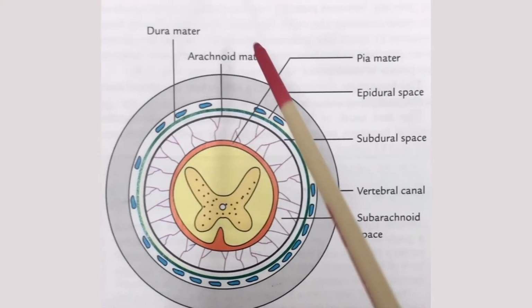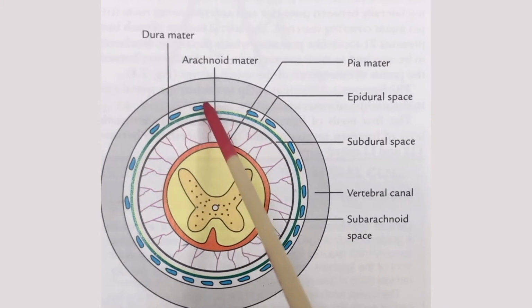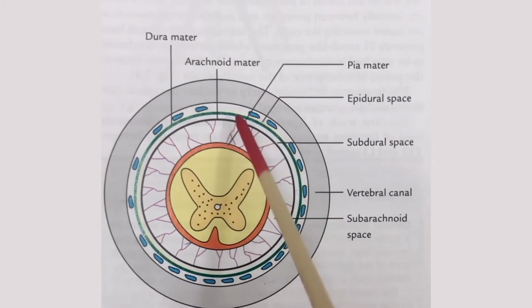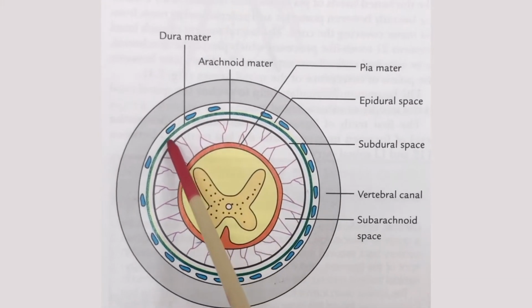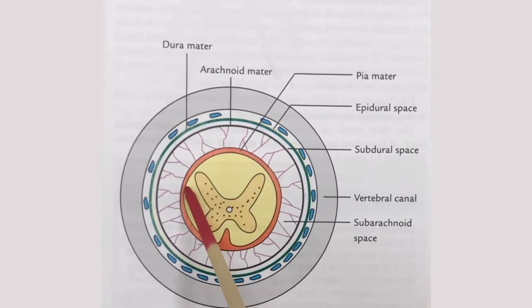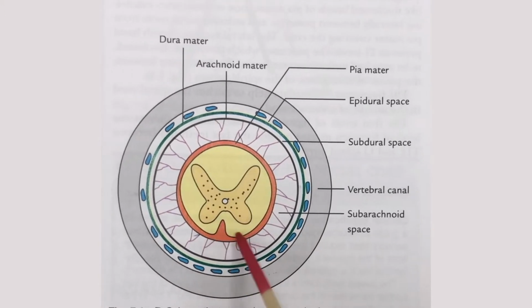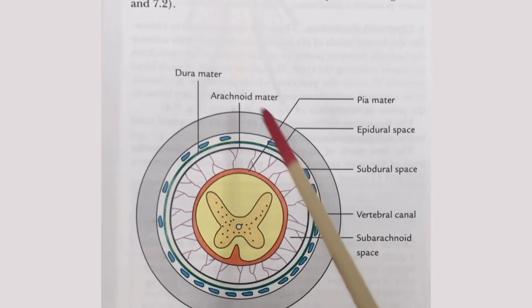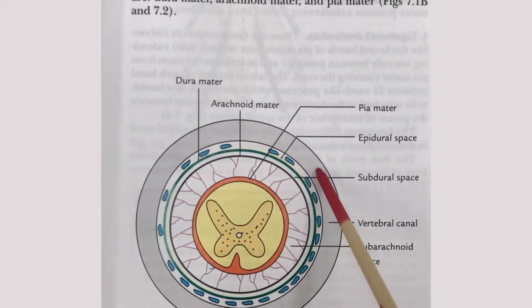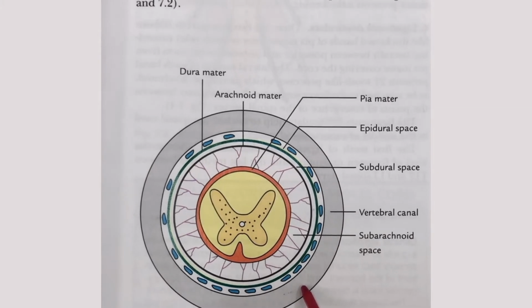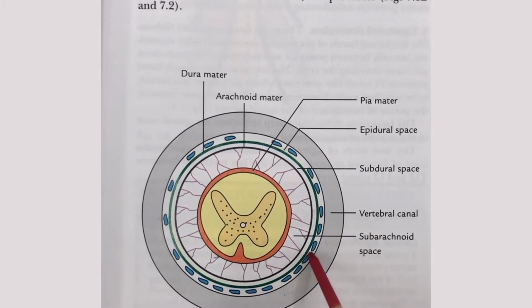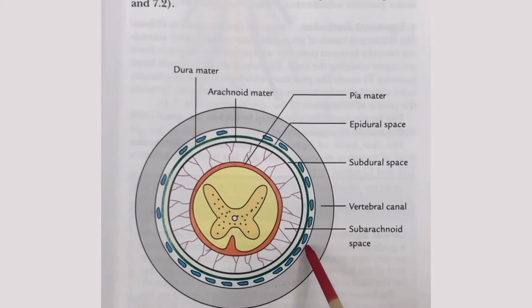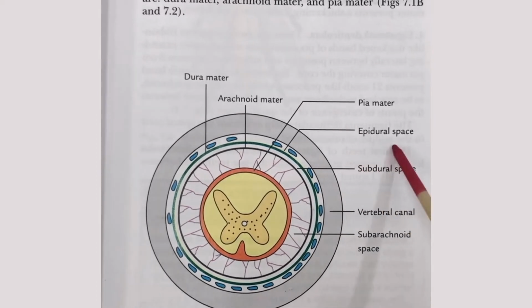In this diagram, you can see that this green colored layer is outermost dura mater, then inside is the arachnoid mater, and innermost, which is closely investing the substance of the spinal cord, is your pia mater. What do you note here, that this is the vertebral canal, right? So, between the dura mater and the vertebral canal, there is a space which is known as the epidural space.